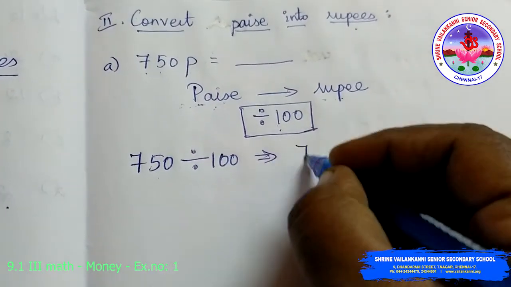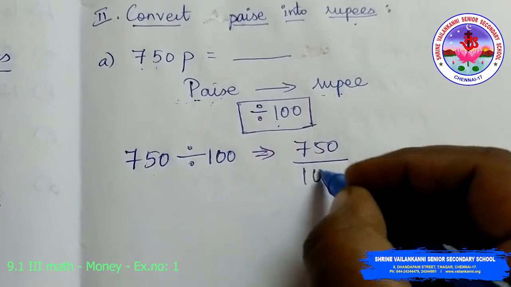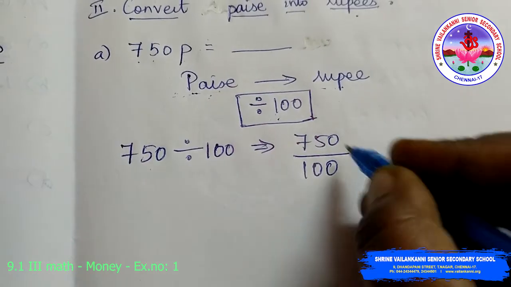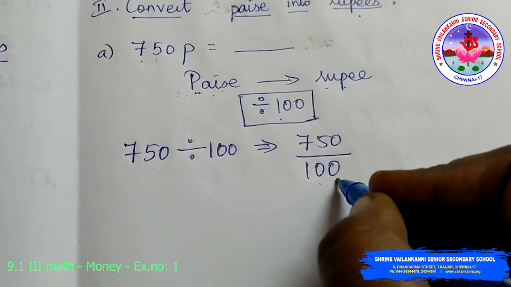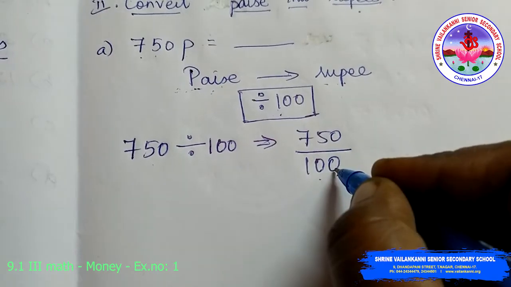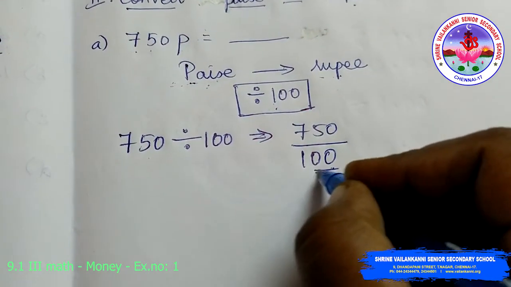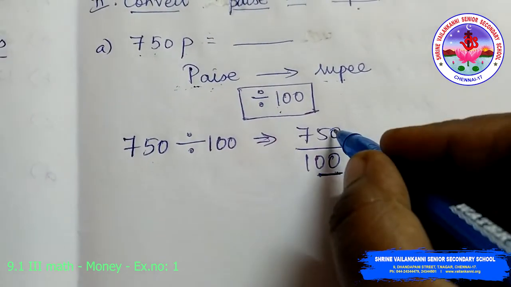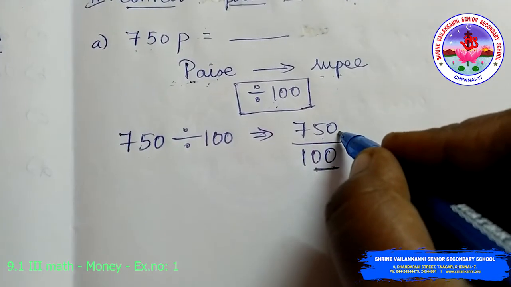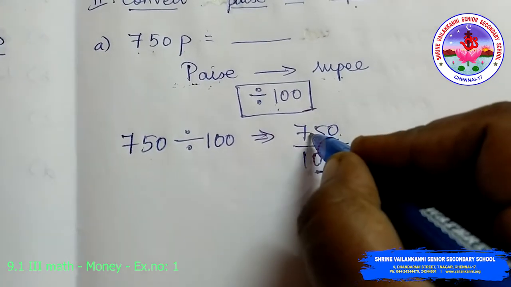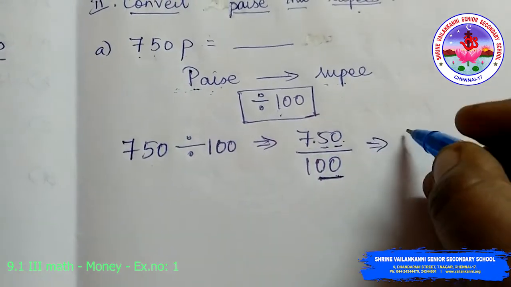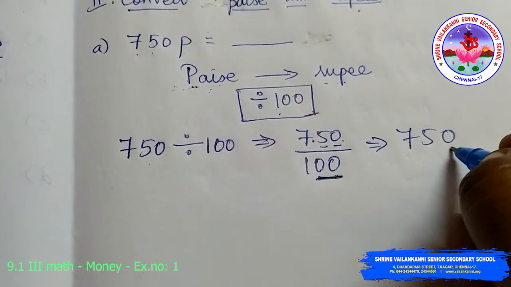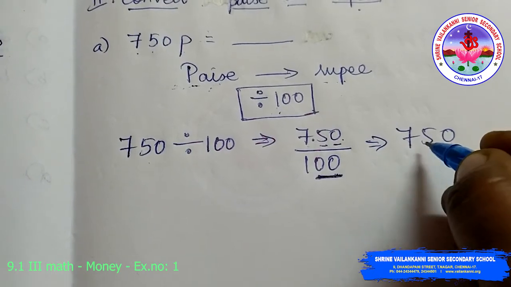How will you write 750 divided by 100? Without doing division, I'll tell you the short way to find the answer. This is the numerator, this is the denominator. In the denominator, you have 2 zeros. For these 2 zeros, in the numerator, from the right side, you have to move 2 places and keep a decimal.